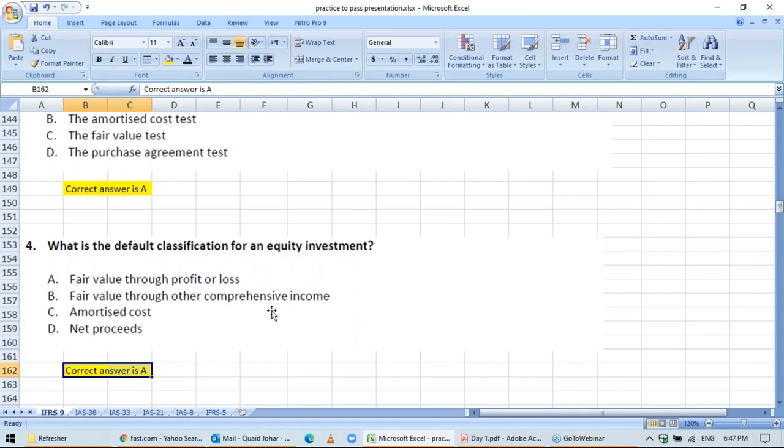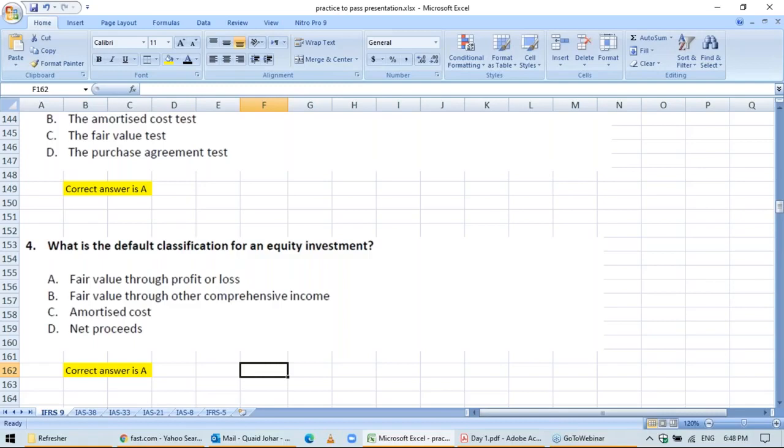So remember that if you buy an equity instrument, the board of directors or the authorized people in the company have to make an irrevocable election. They have to first make a document and authorize that this investment will be carried at fair value through other comprehensive income.